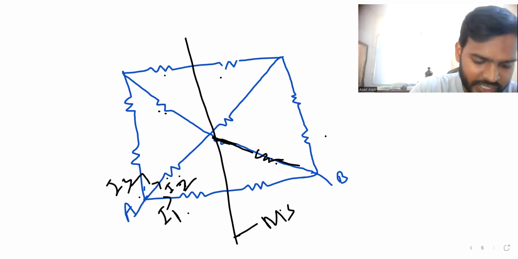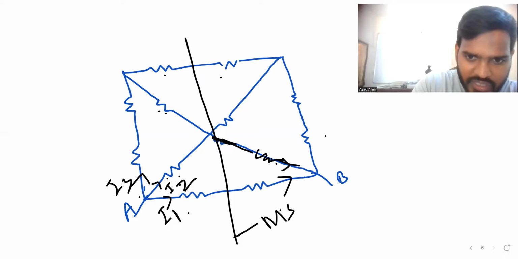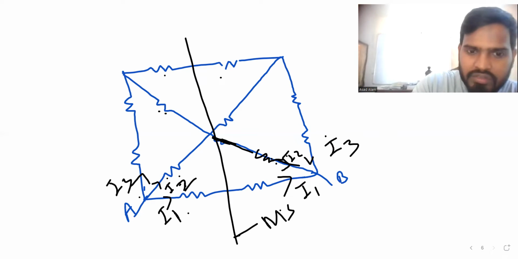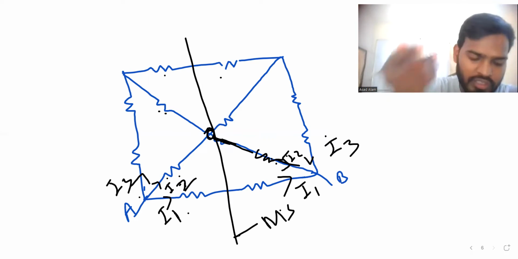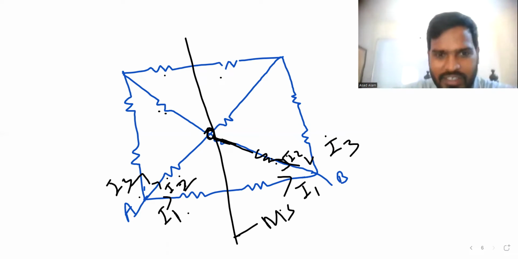Ultimately, as it is a mirror symmetry, it is coming back here, here and here. So it is coming I3, I2 and I1. What is the point of this junction? There is no point. So lift it a little.